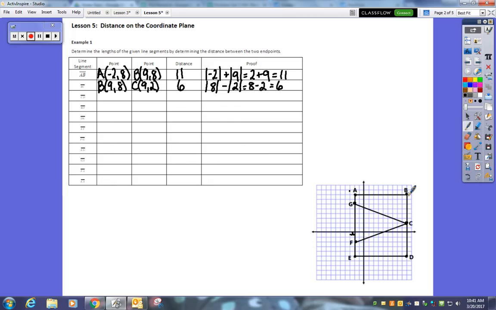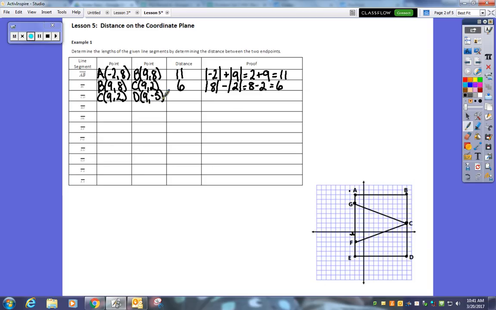The next one is line segment CD. C we already know as 9, 2. So if we come over and look for point D, from the origin we see it's over the same number. So again, that's 9. And then it's down 1, 2, 3, 4, 5. So that's 9, -5.